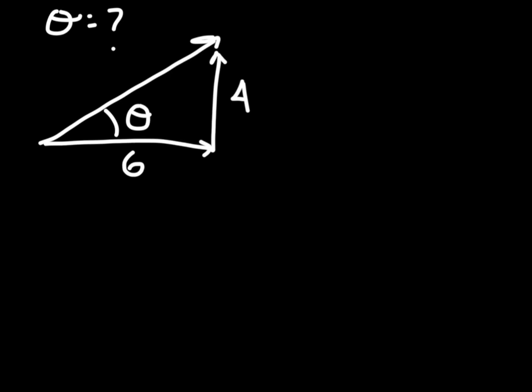We see that if you backed yourself into the corner of theta, looked across the room, your opposite wall has a value, and so too does your adjacent wall. So, what trig function do opposite and adjacent relate to? Well, that is tangent. So tan theta is equal to 4 divided by 6, or 4/6.